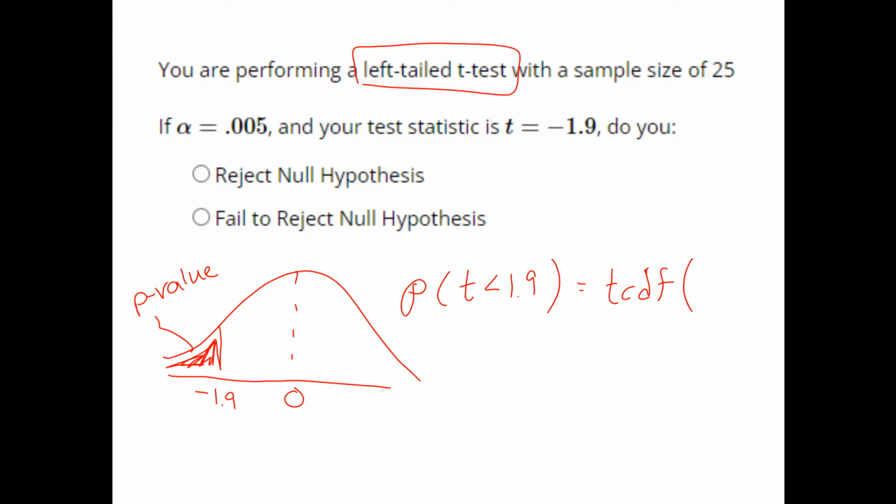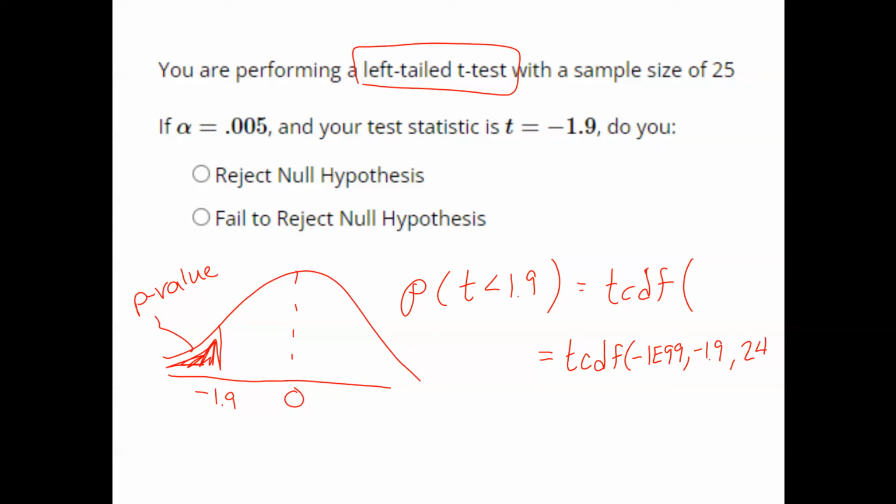The lower limit is negative 1 times 10 to the 99. Let me write this here, which is a little bit neater. The upper is the negative 1.9. Our degrees of freedom, we had a sample size of 25, so that's going to be 24.